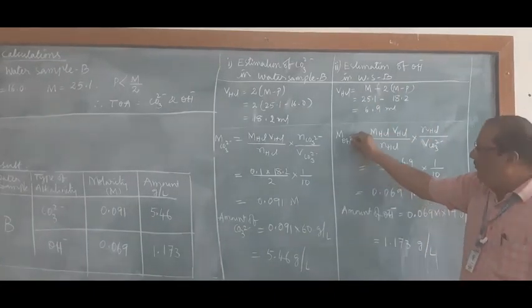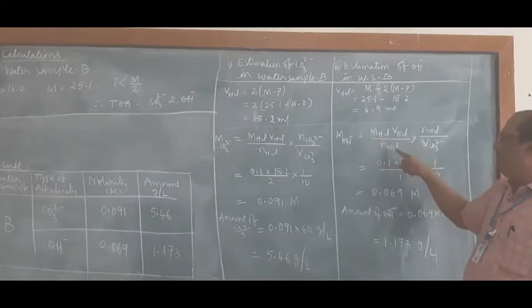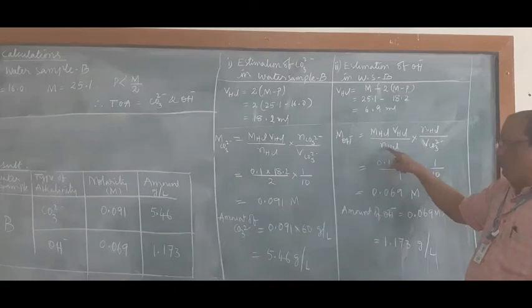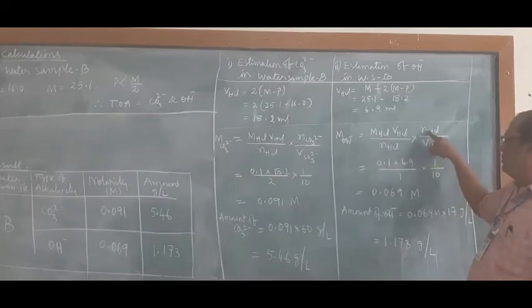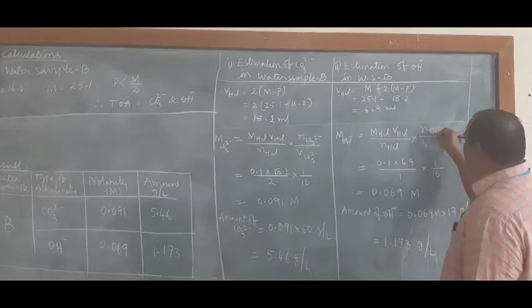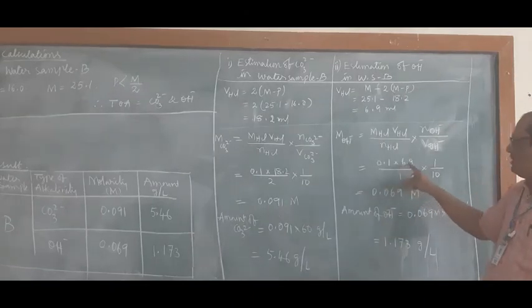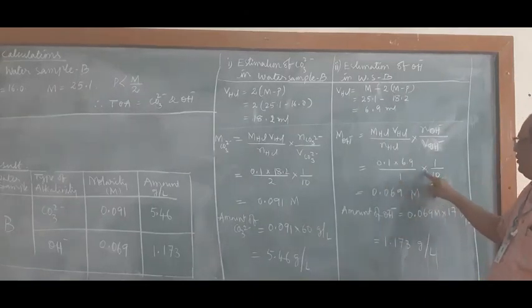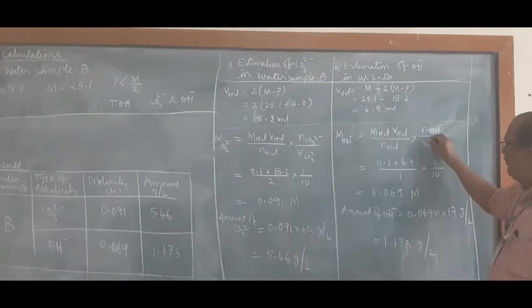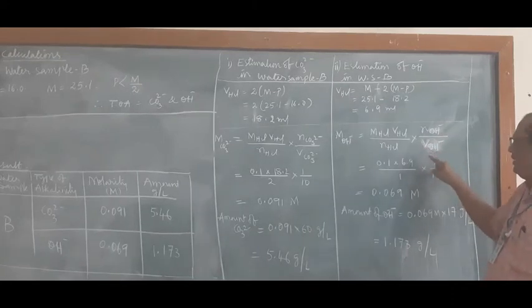Then molarity of hydroxide is equal to molarity of HCl, volume of HCl by N HCl, number of moles of HCl into number of moles of hydroxide, and volume of hydroxide. That is 0.1 into 6.9 by 1 into number of moles of hydroxide 1 by 10. The volume of water sample B taken for the titration, that is volume of hydroxide, is 10.